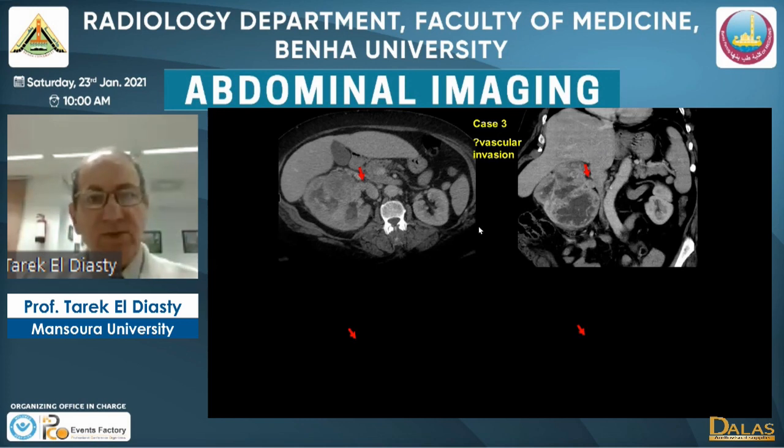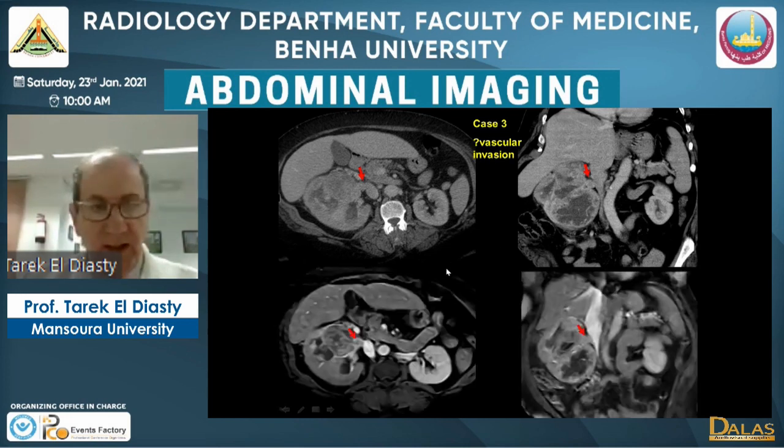What about the vascular invasion? This is axial and coronal oblique post-contrast CT images. This is invasion of the renal vein. The IVC, is it invaded or not? It is not clear on CT. So on MRI, post-contrast, we can see the renal vein invaded, but no extension into the vena cava.